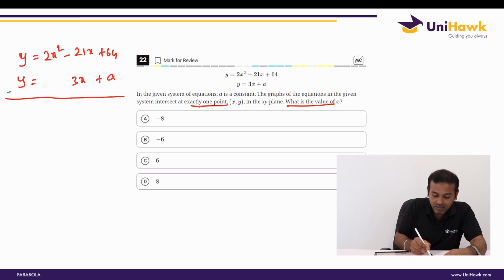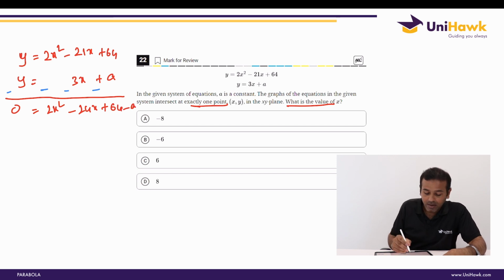So this is going to be y minus y is 0 equals 2x square minus 24x plus 64 minus a. And since it is intersecting exactly at one point, the discriminant has to be equal to 0.